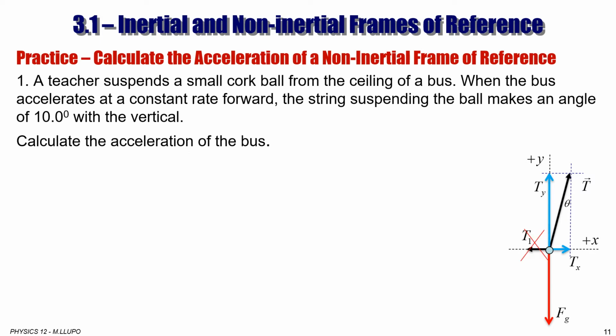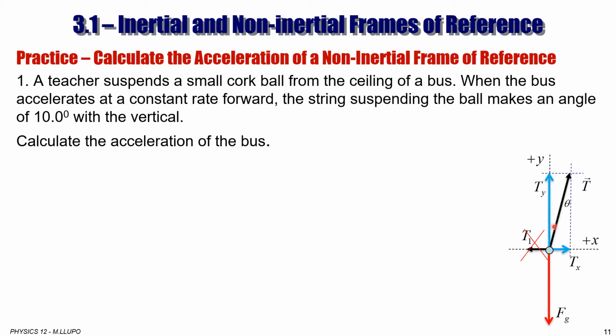We are in a non-inertial frame of reference, a frame of reference that is accelerating. So that x component is created because of that acceleration. Because if the bus was not accelerating, if it was stationary or moving at a constant velocity, the cork would be hanging vertically.